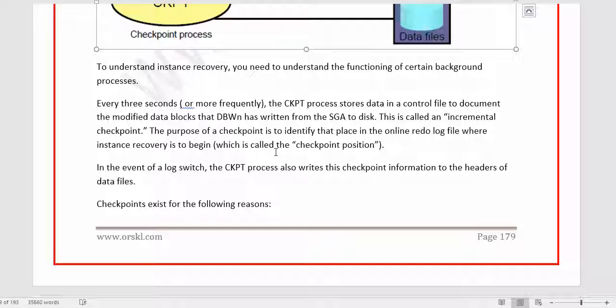It does that job whenever it finds the resources free. That means if somebody committed some data, and it is only there in the database buffer and not yet available on disk, and at that moment the instance crashes, then the data is not available on disk. It is only available in memory.